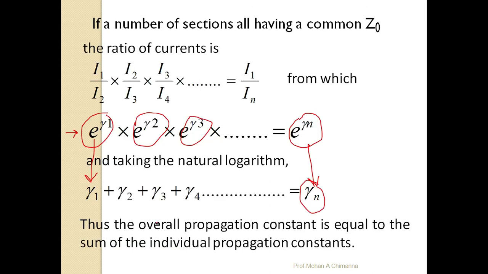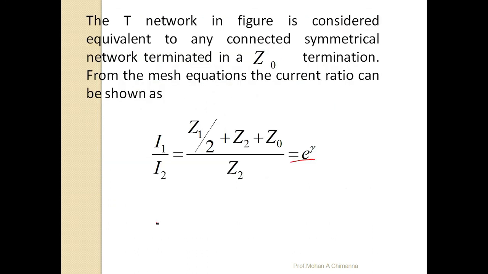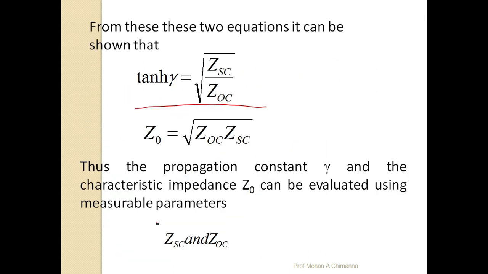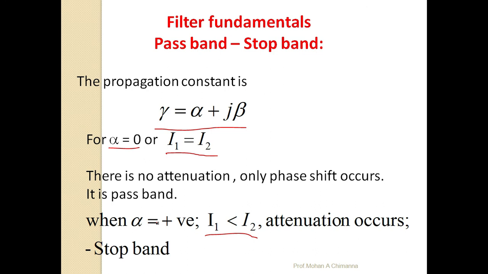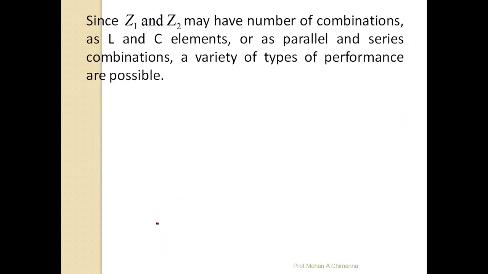Then we take the ratio of the currents or the ratio of the voltages to find it out. Then the physical properties of the symmetrical network, to find out its alpha, beta and gamma values. Then filter fundamentals, we have seen the pass band and stop band, the propagation constant gamma is equal to alpha plus j beta, and its relationship we have seen here.